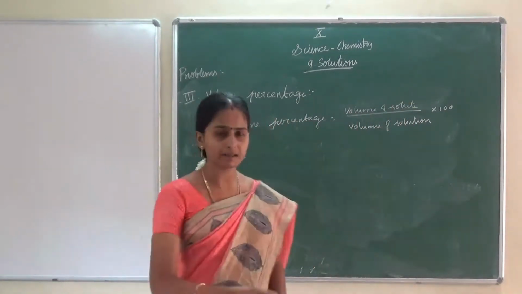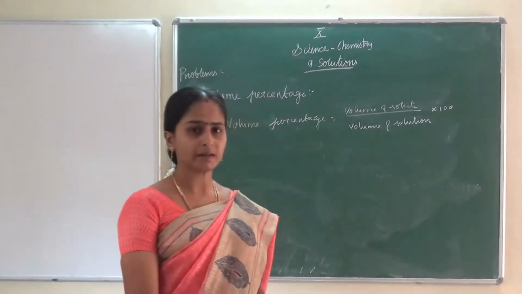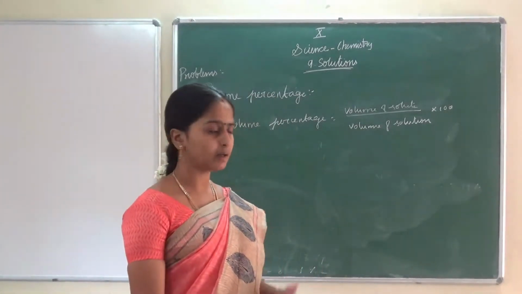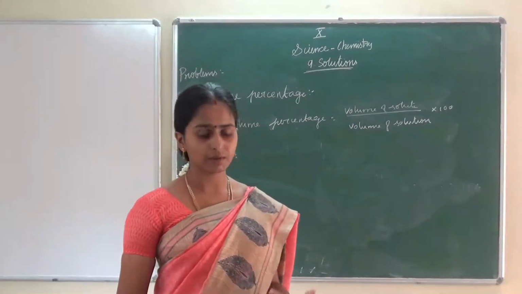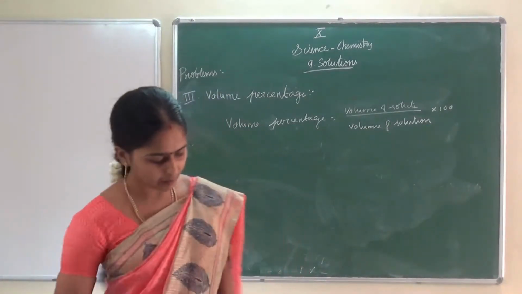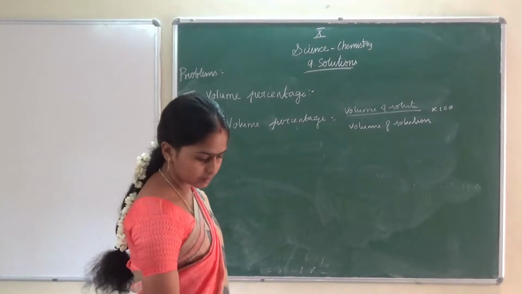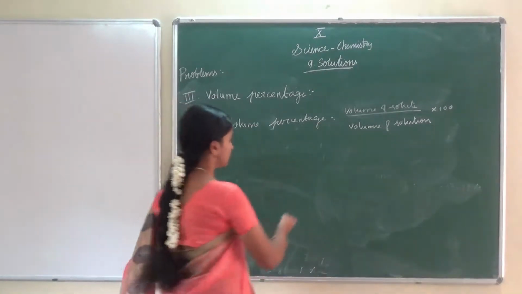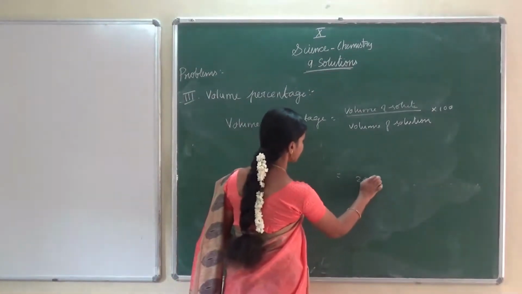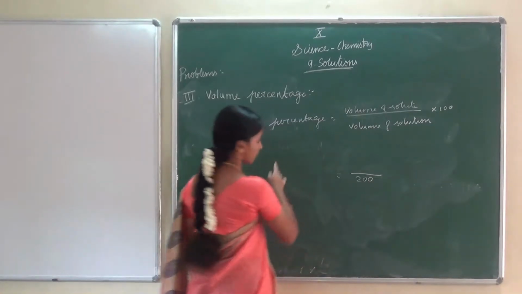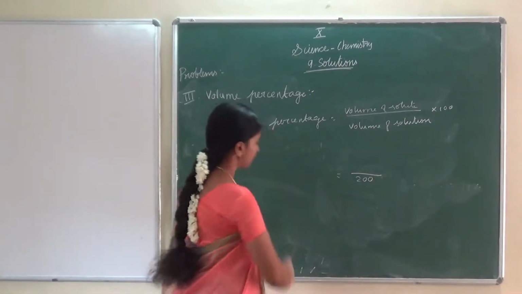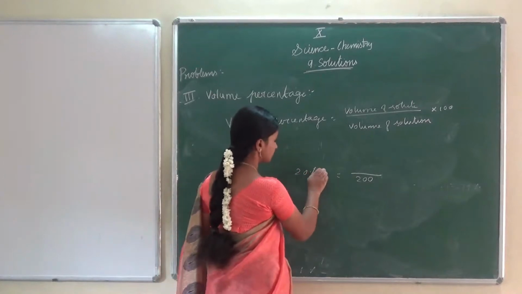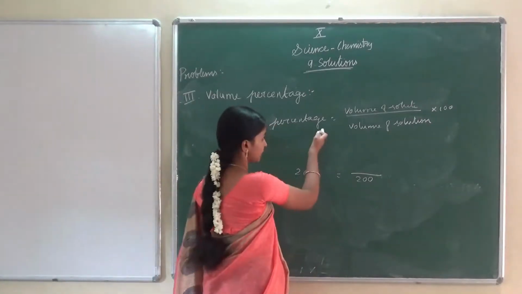Volume percentage is given, volume of solution is given. As we did for mass percentage in the last problem, the urea problem, in the same way we are going to do now. Here the volume of solution is 200 ml, and the volume percentage is 20%. V by V they are telling, so you have to write this formula.